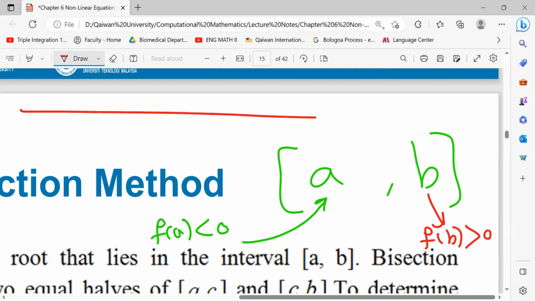We need to find the midpoint first. In the first iteration, if this is a and that's b, we need to find c. C is a plus b divided by 2.